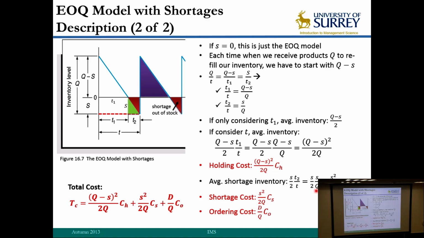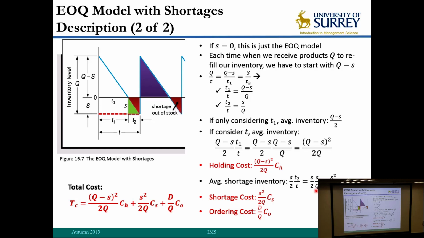And apparently for the shortage levels, the maximum shortage level is S. So the average one is S divided by 2, because it's a small triangle, that's pretty easy, and times the time ratio, T2 divided by T, because we know this equals S over Q. So substituting, we get the average shortage inventories.